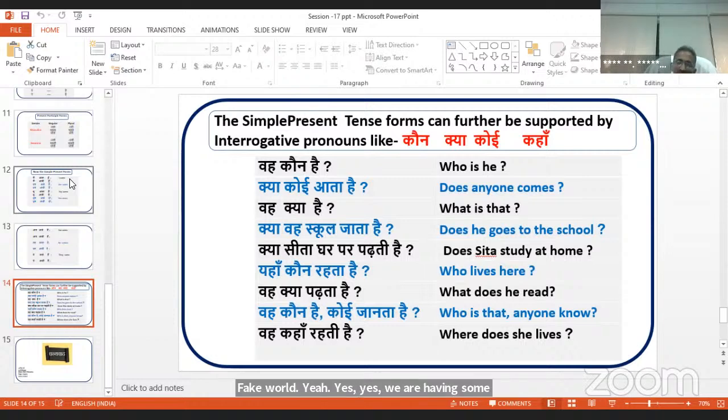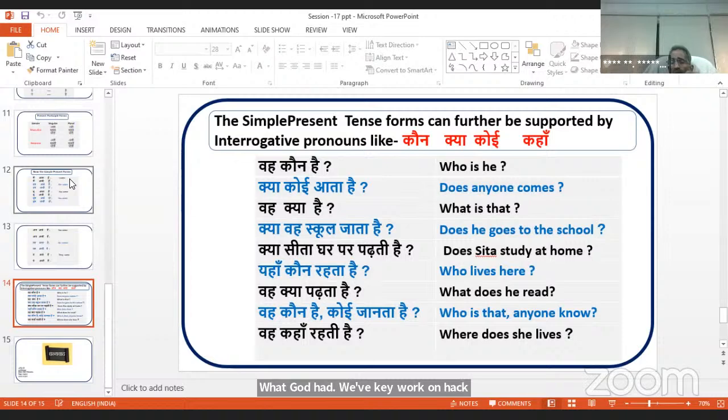Normally we use कौन, क्या, कोई, कहाँ. These interrogative pronouns we will add along with the simple present tense form. We can expand the sentence. See, वो कौन है? Who is he?